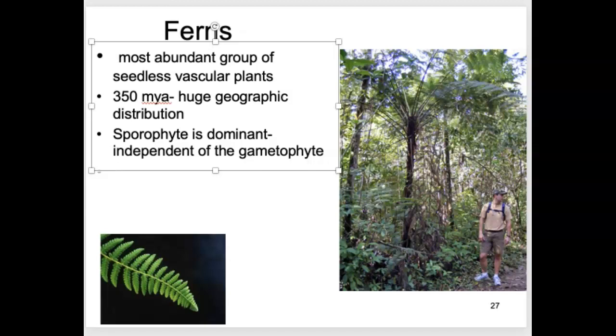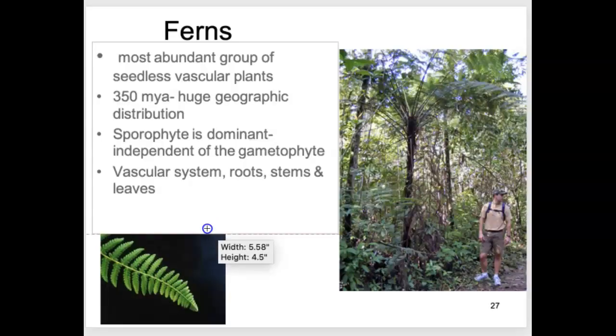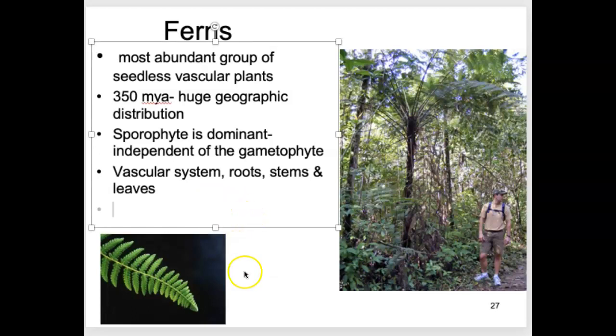Not so with ferns. Completely opposite. Flip that logic around. These guys will also have a vascular system. They will have roots, stems, and leaves. So they have a lot of these features of the vascular plants.